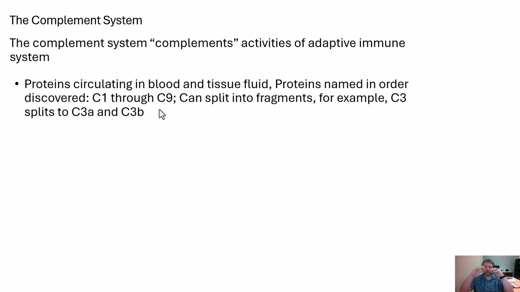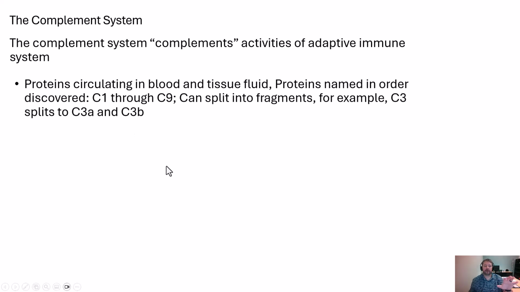This is a broad overview. We actually have far more than 9 complement proteins. Some estimates are 30 to 50, and many can be split into fragments because they're not stable. Like C3 splits into A and B because it's not a stable protein.